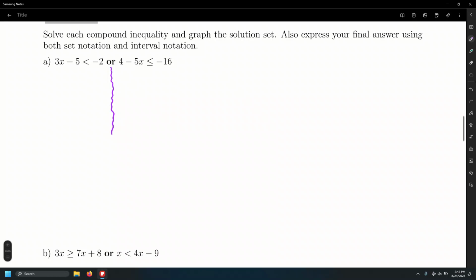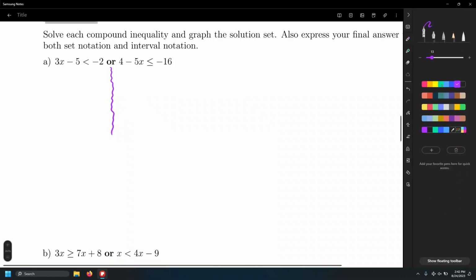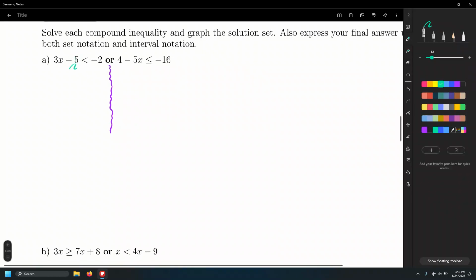In the meantime, in this case, let's add 5 to both sides to cancel out the negative 5 with the 5. That brings us down to 3x, and negative 2 plus 5, keeping the same inequality symbol, is 3.